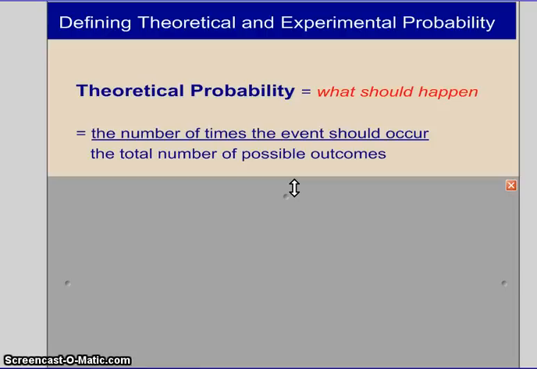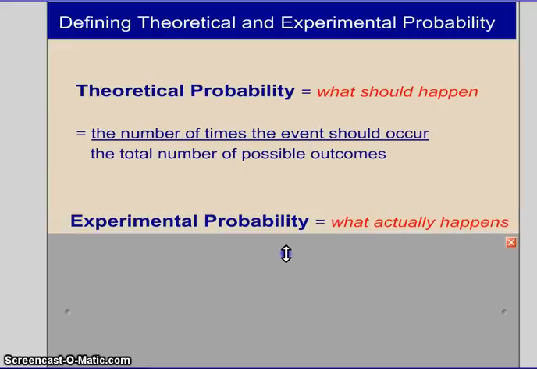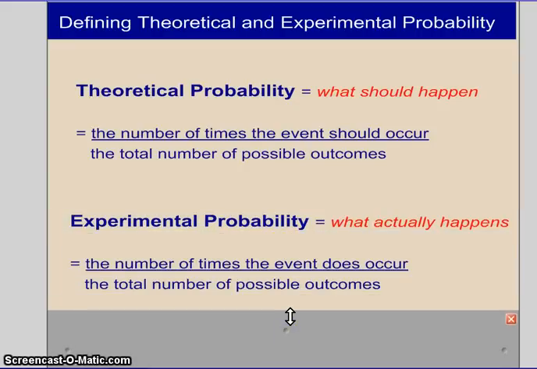So we thought that the tails should happen once out of every 2 times we flip the coin. And then experimental probability is what actually happens. And the formula there is the number of times the event does occur over the total number of possible outcomes. So we saw that every 4 out of 6 times we actually ended up with tails in that example.